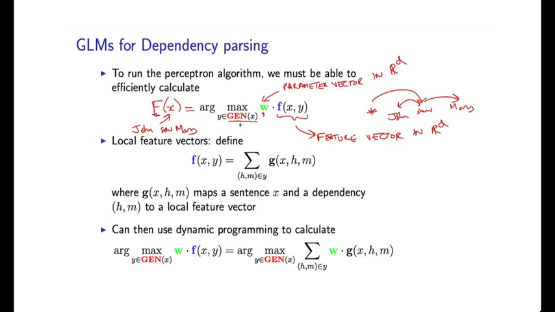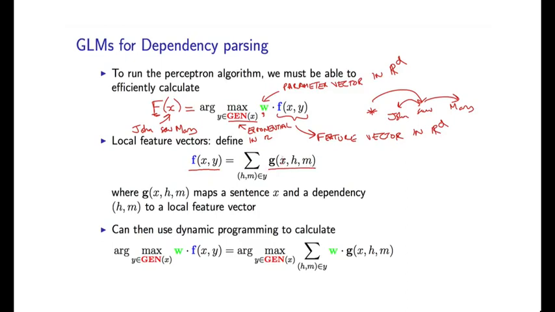And again, let's emphasize that this set Gen is typically very large. It's exponential in n, where n is the length of the sentence. As I've just shown you, we have defined this function, lowercase f, the feature vector function, through a sum of local feature vectors.